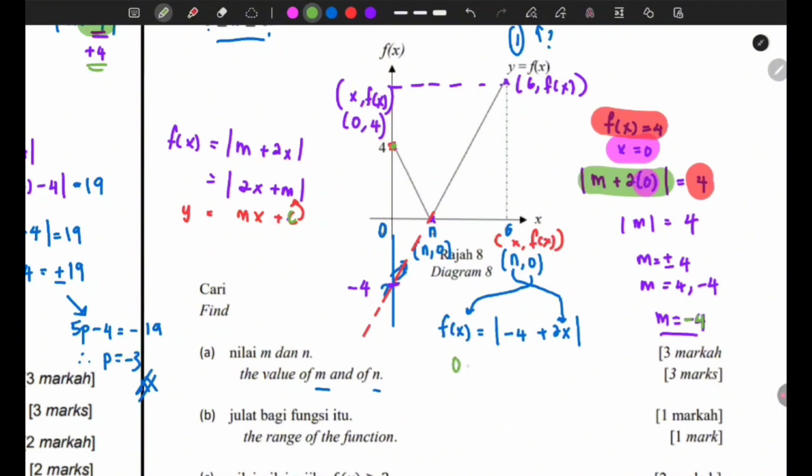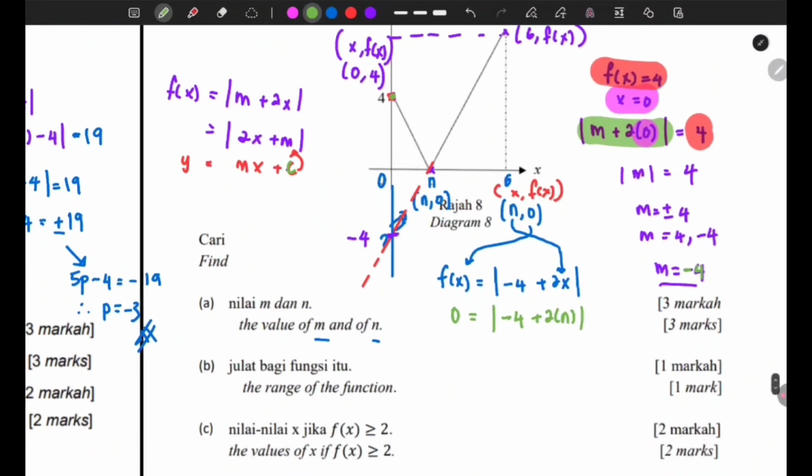My f(x) is 0, modulus negative 4, my x is now my n. For 0, you can actually ignore the modulus, it's neither positive nor negative. So I can say negative 4 plus 2n equals 0, and my n is actually 2. Positive 4 to the other side, 4 divided by 2 is 2. Done.